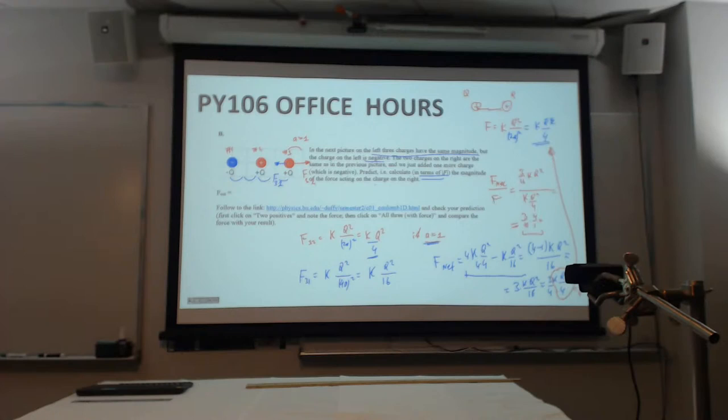Oh, 12 over 16, which is 3 over 4. So you get the same coefficient, the same number. So the answer is 3 over 4. Original value of mathematics. That's how we get to this coefficient.